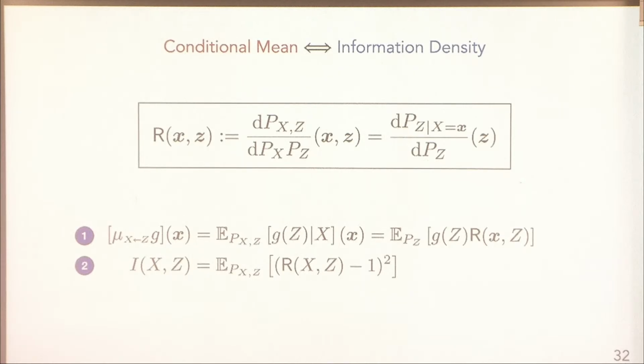And so P_XZ is the joint distribution between the image data and the text data. And then you're going to consider the derivative between the joint distribution between the two modalities and the product of the two marginal distributions on each of the probabilities, right? So that's one way to write it.